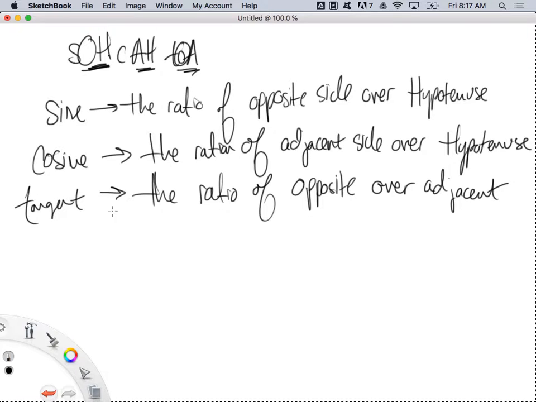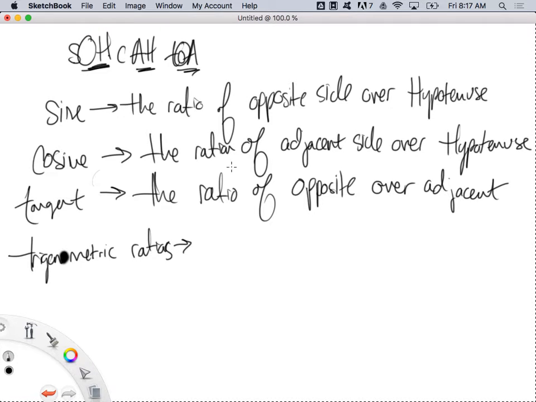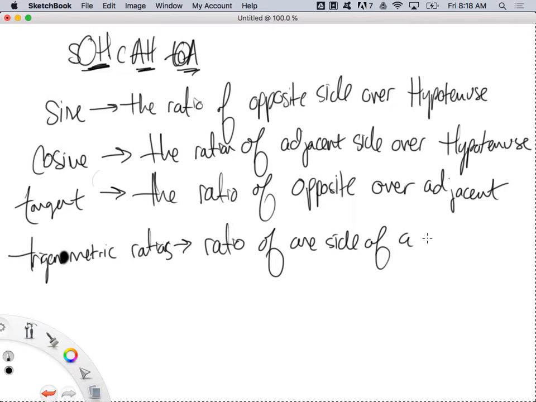Okay. And these are all trigonometric ratios. Trigonometric ratios. And what is a trigonometric ratio? It's the ratio of one side of a right triangle to another.